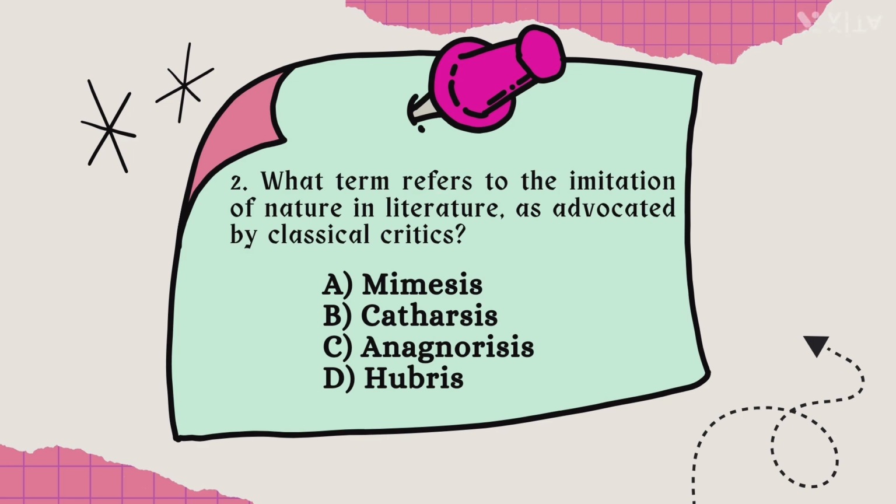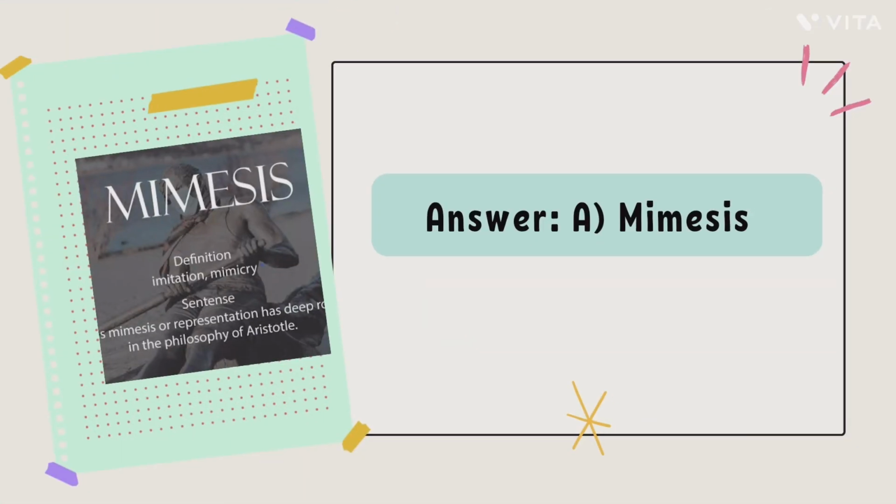The answer is mimesis, because mimesis means imitation in Greek. Also, it is the concept of representing reality or nature in literature. Classical critics believed that literature should imitate the world in a way that educates and enlightens the audience.